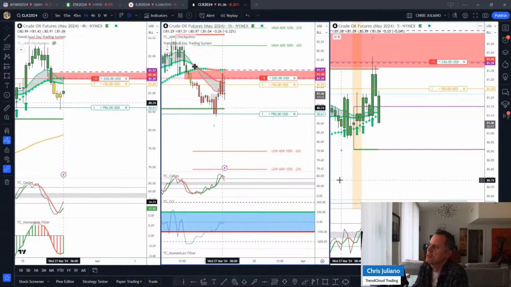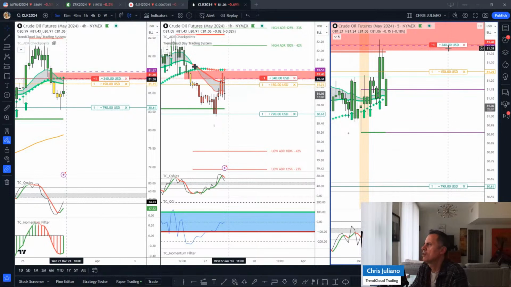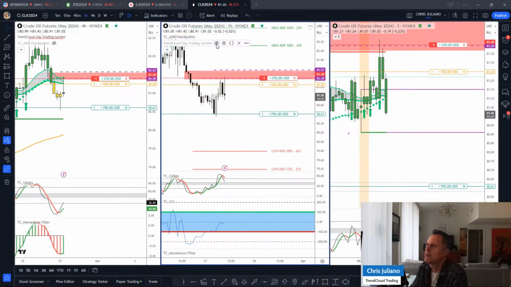We want to see a nice break of structure. Almost at that 2 to 1. We only have one contract here. Making a really nice move down. That would be a really nice looking reversal candle there. We do have a nice bearish candle on that 1 hour chart.